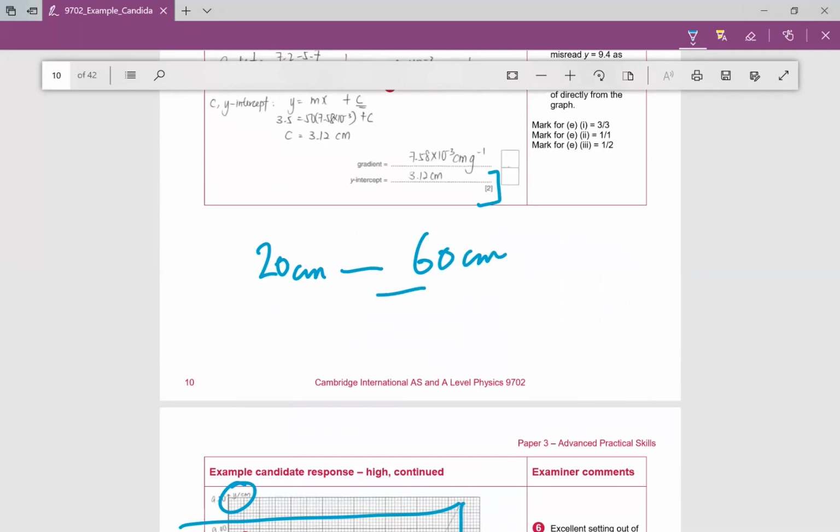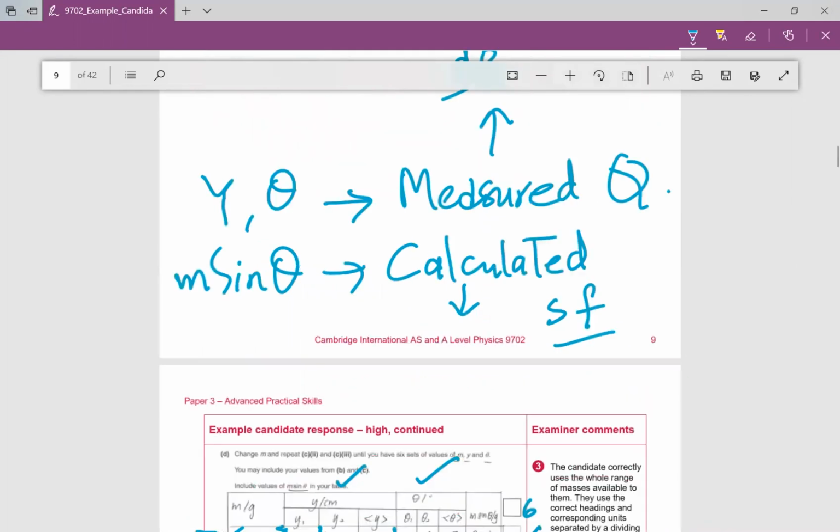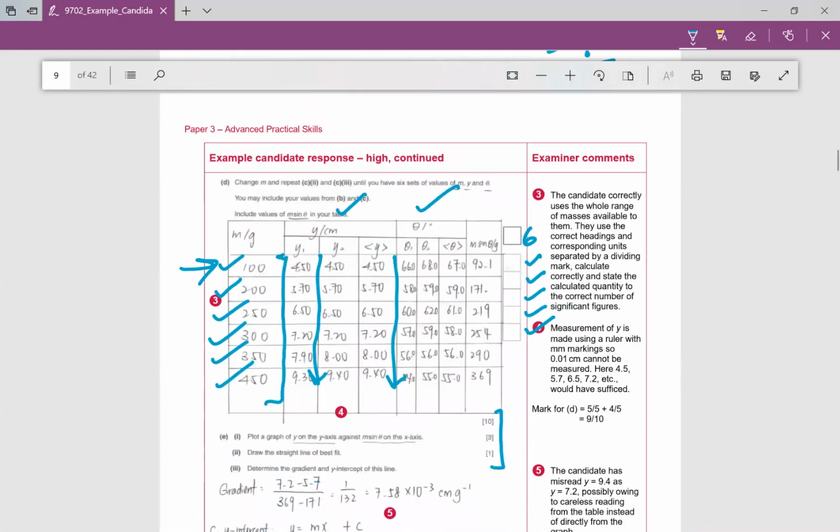Now, a lot of times the mistake that people make, and then lose 1 mark on the mark for the range, is by taking values which are 20, 22, 24, 26, 28, 30, and that's 6 values that you've taken. You will get 5 out of 6 marks.